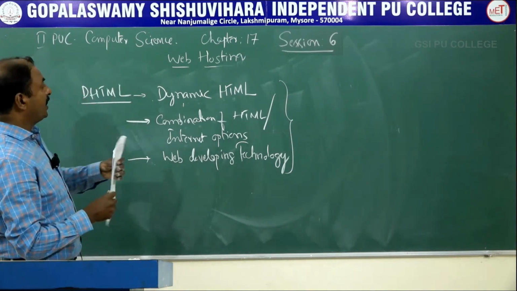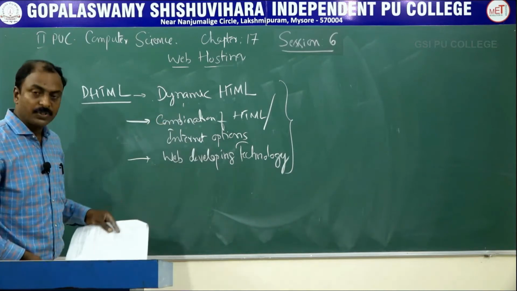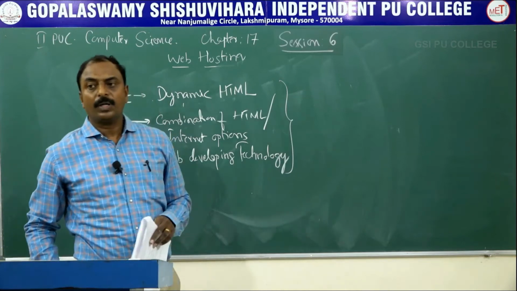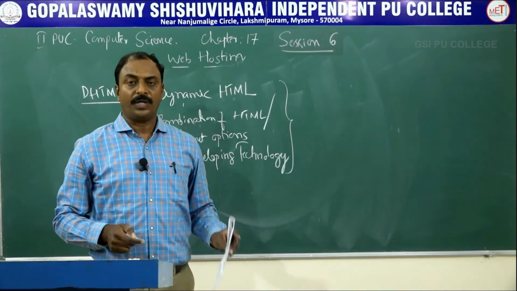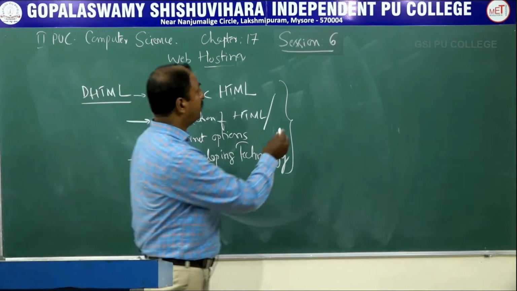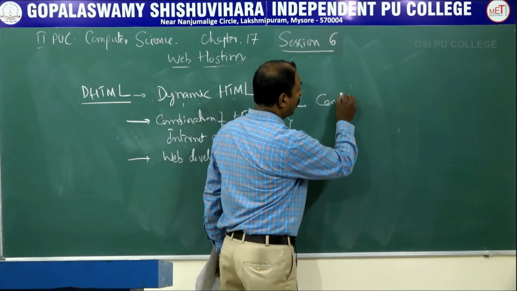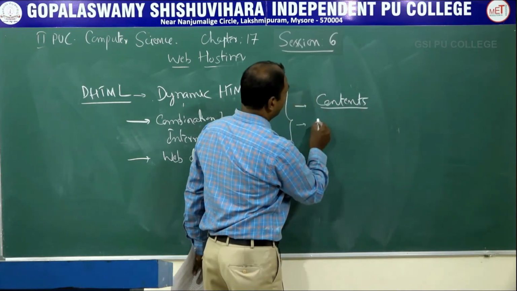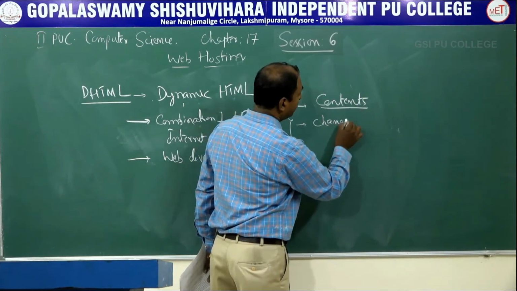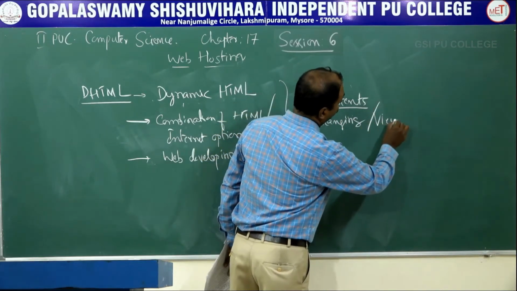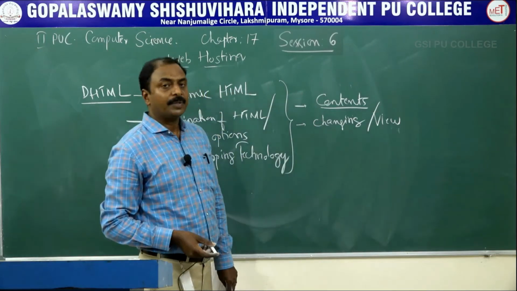As I told you already, the general meaning is keeps changing. So what keeps changing? Any website which has been developed with DHTML or HTML, the contents of the website are changing, or by view it can be changed.